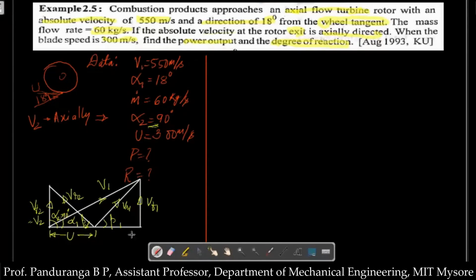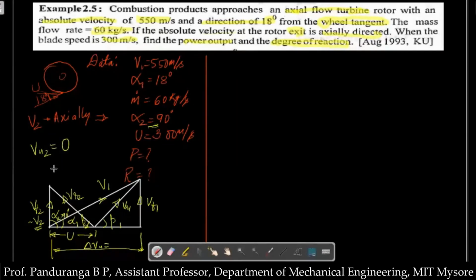Now if you want to find delta VU, that will be equal to the horizontal distance between VF1 and VF2. So this is delta VU. If you observe the velocity triangle carefully, since V2 is vertical, VU2, the horizontal component of V2, will be 0.